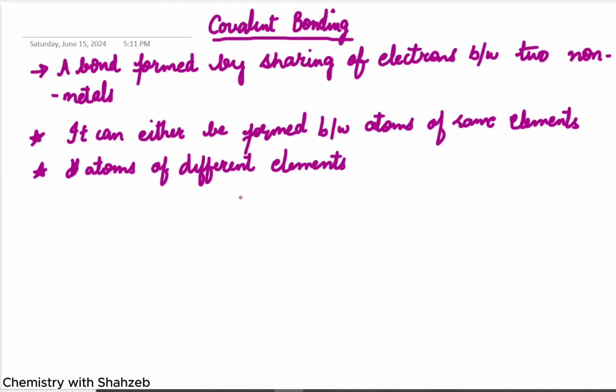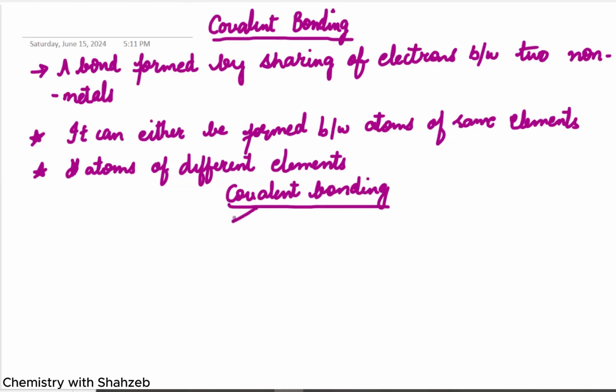first of all, covalent bonding can be of different types. Covalent bonding is basically of two types.